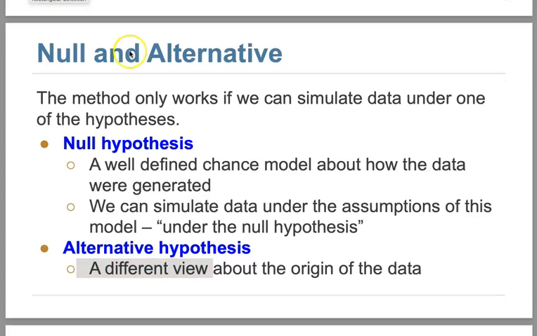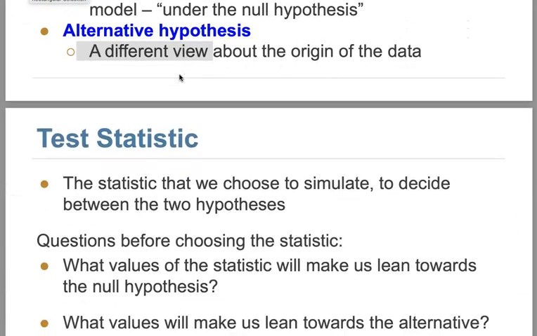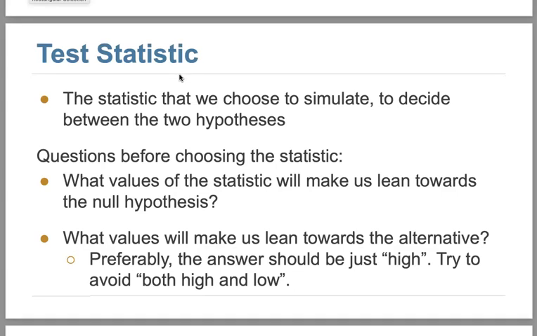So after we understand the null and alternative hypotheses, according to how they define the two views, we need to do the simulation. The most important thing before your simulation is that you need to know what you simulate it for. That's why you need to choose one statistic.